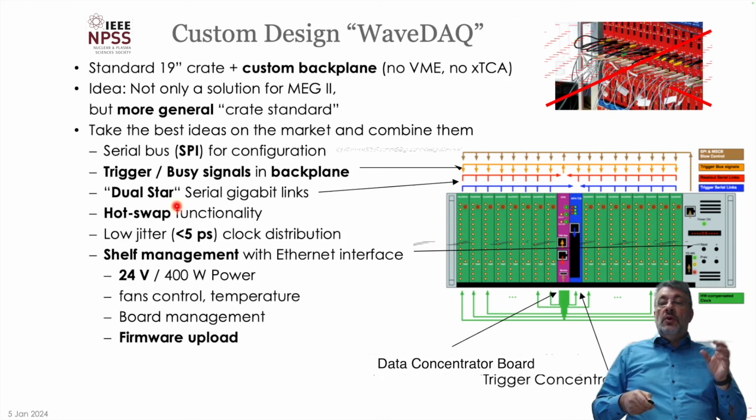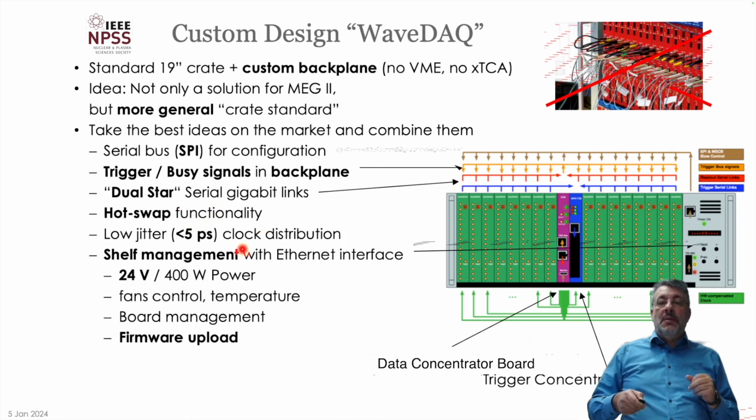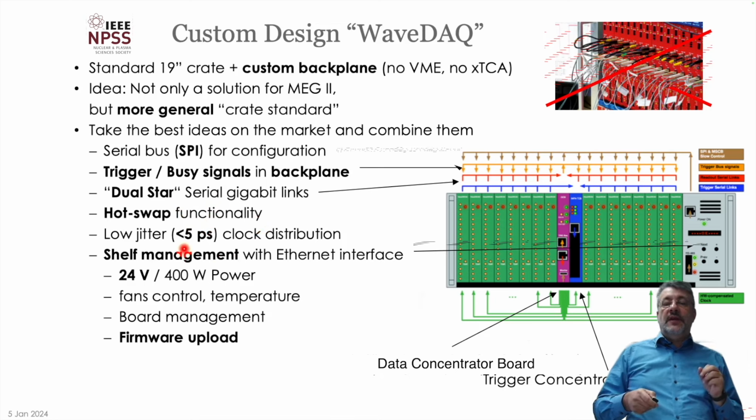I added dual star gigabit links for data acquisition and hot swap capability, and I put this now famous 5 picosecond low jitter clock right on the backplane. On the right side we have a kind of shelf manager with its own Ethernet interface, which provides the power, 400 watts, fan control, and board management, so we can even do firmware upload to all the boards, and we can reboot each slot individually through this crate controller.